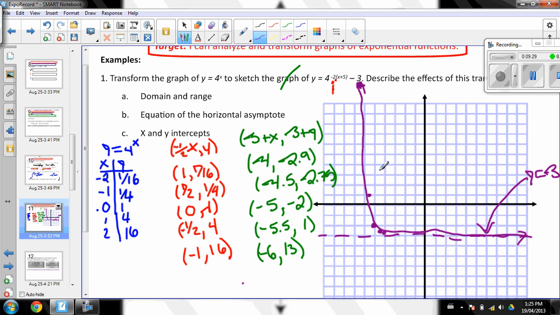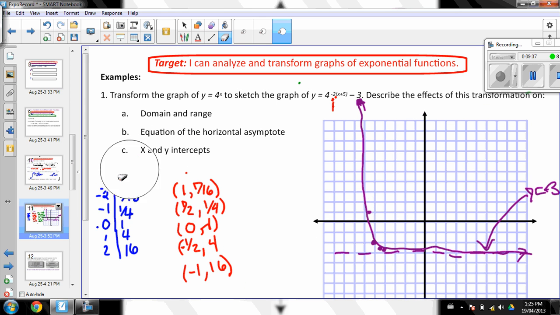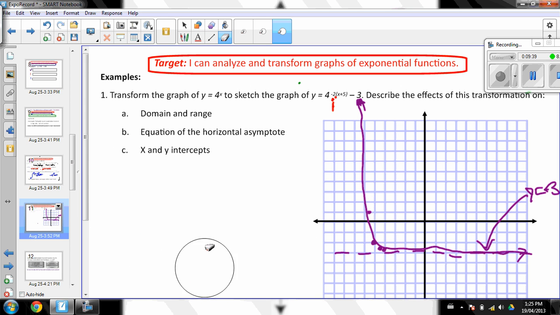Okay. Let's talk about our domain and range. Just going to erase this work in here. Okay. So for domain and range, how does this change this?